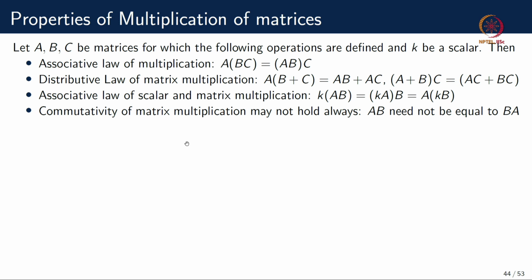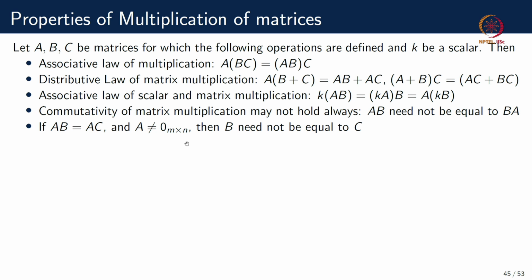It is also interesting to note that if AB is equal to AC and A is not equal to the zero matrix of order m by n, then B need not be equal to C. This is not the case with the product of two real numbers. If x, y and z are three real numbers and if xy is equal to xz, then y is equal to z.